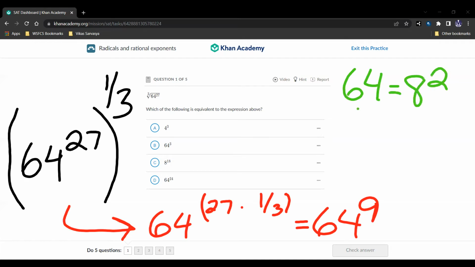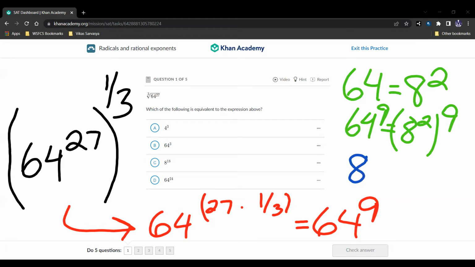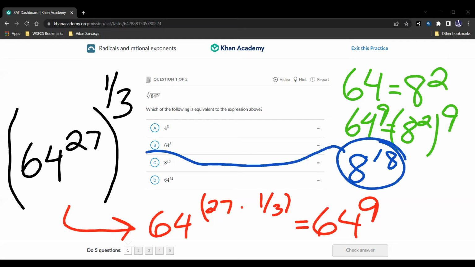So 64 to the 9th equals 8 squared to the 9th. And by exponent rules, 8 squared to the 9th is going to be 8 to the 2 times 9, which is 8 to the 18, which is answer choice C right there. So our answer is 8 to the 18th power.